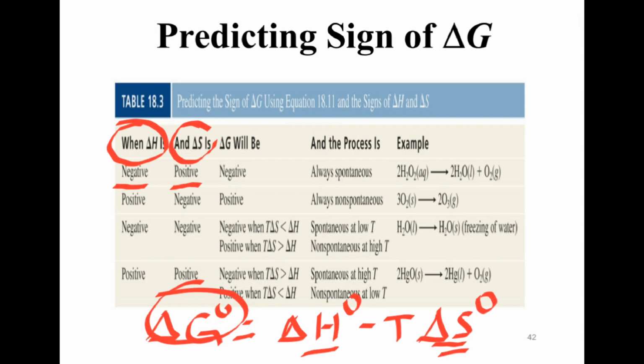Okay? ምክንያቱም ይሄ ፖዚቲቭ ከሆነ ይሄ ቁጥር ኔጌቲቭ ነው የሚሆነው። ኔጌቲቭ ሲደመር ኔጌቲቭ ስለሚሆን it's always spontaneous.